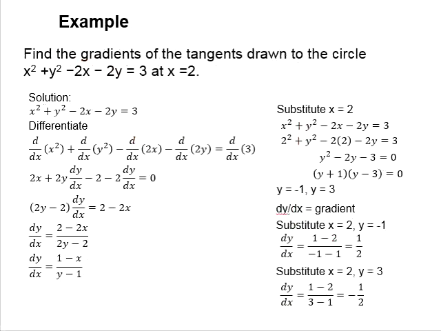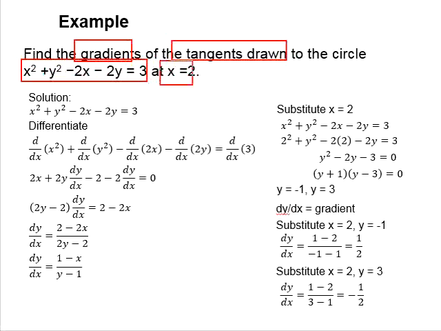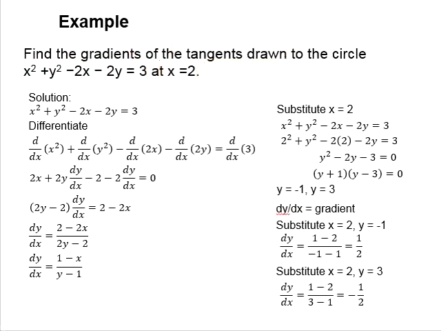Let us try one more example. For this, you are asked to find the gradient of the tangent drawn at the circle equation here at point x equals 2. You know that you need to determine the gradient. That means it will be dy/dx.